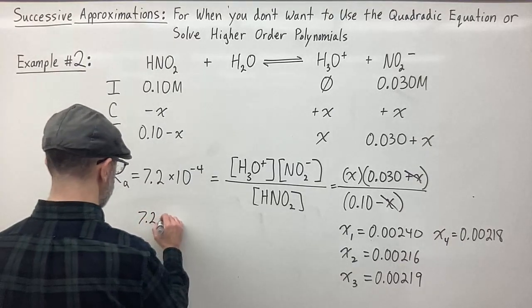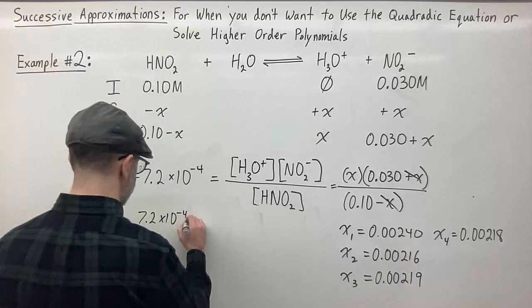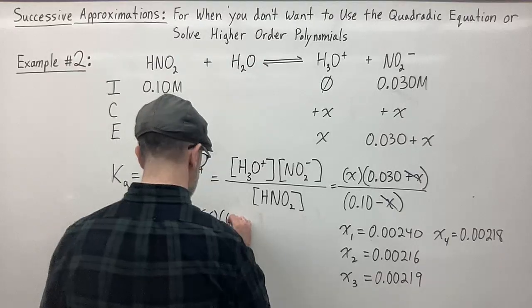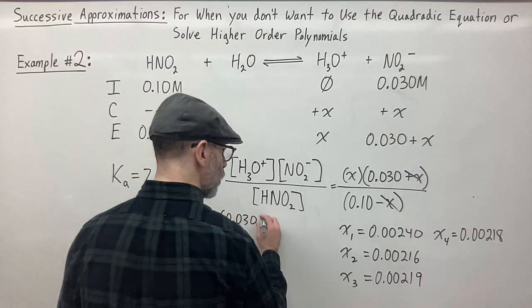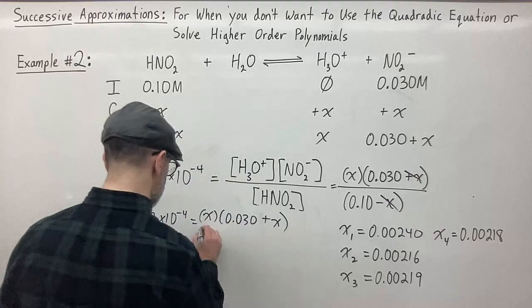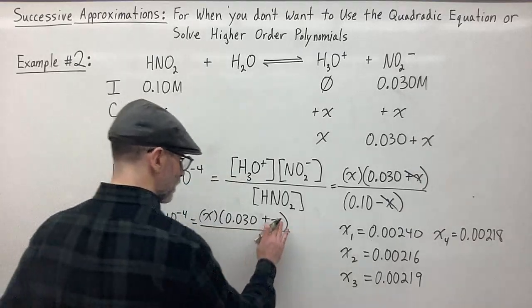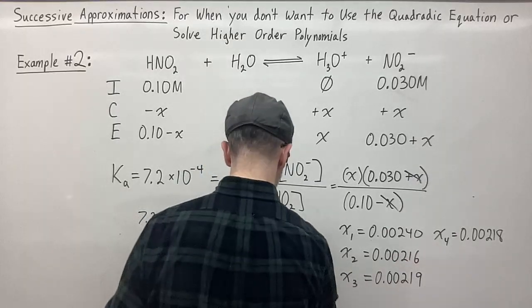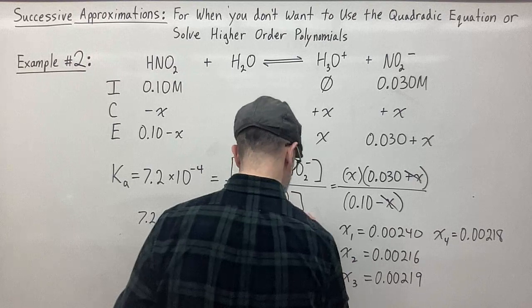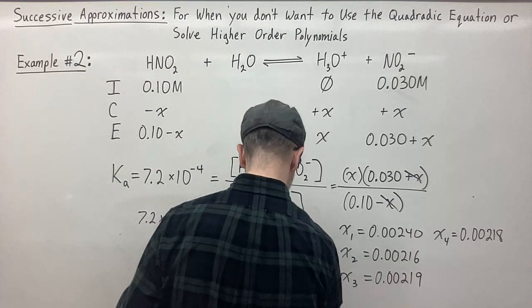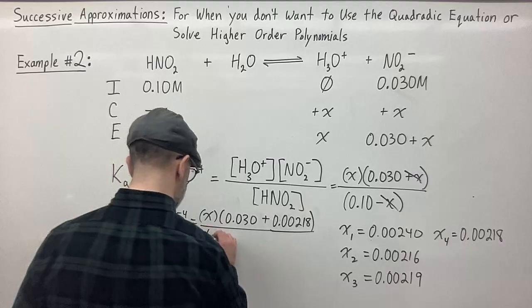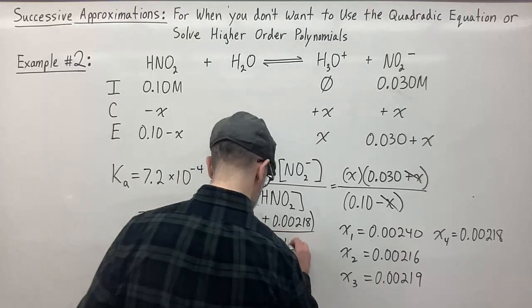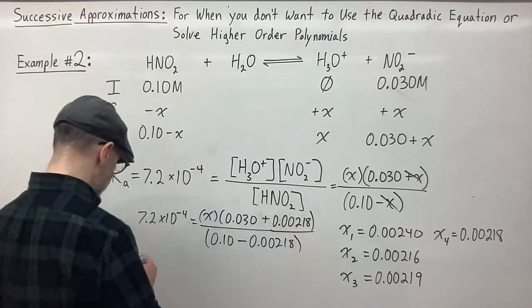So I have 7.2 times 10 to the negative 4 is equal to x times 0.030 plus x over, and that x this time is going to be 0.00218. And then on the bottom, it's going to be 0.10 minus 0.00218.